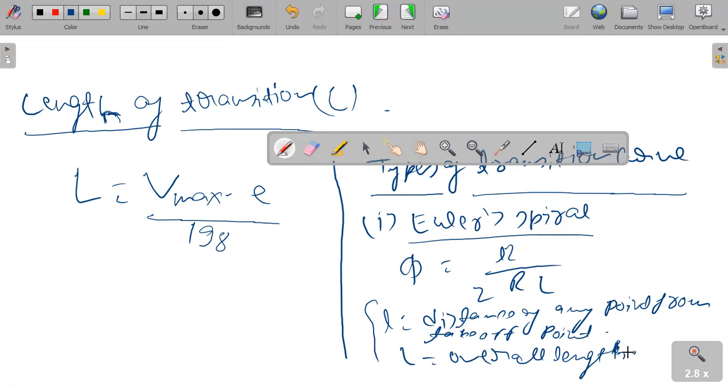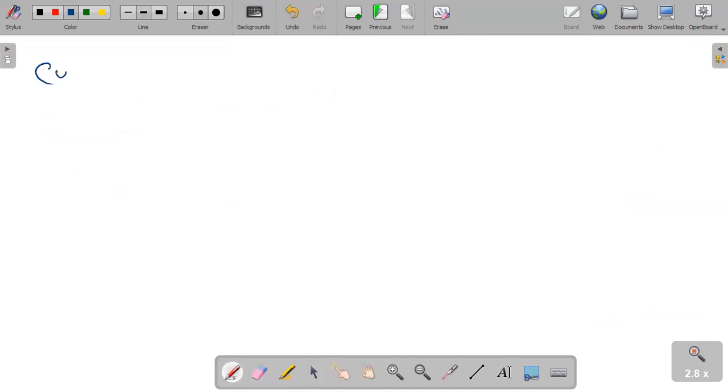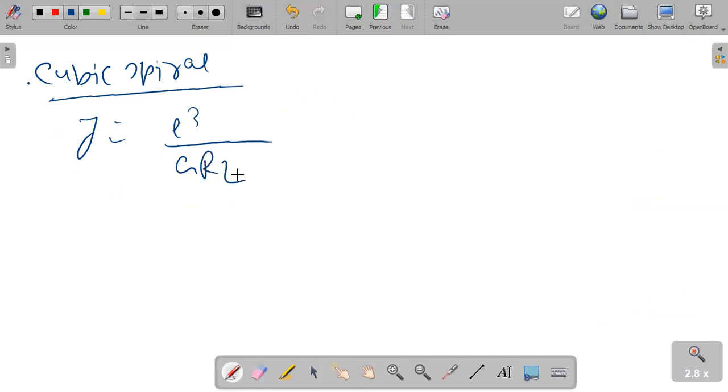Another type is the cubic spiral. We have a formula for this also, that is l cube upon 6RL. Okay, and the other one is the cubic parabola.